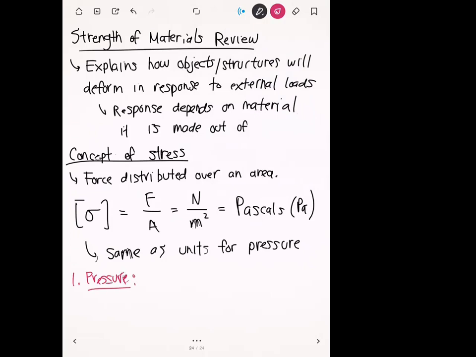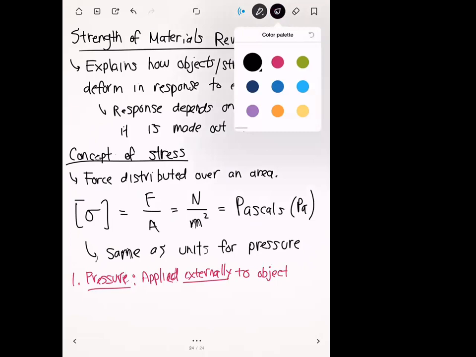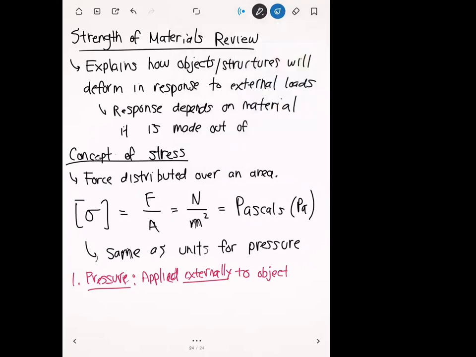All right, so pressure is a force over area, but a pressure is usually something that's applied externally to an object. It's something applied externally that causes the object to respond.